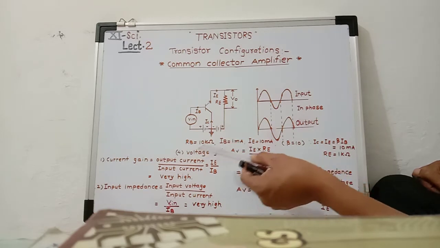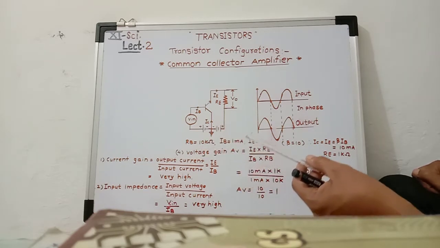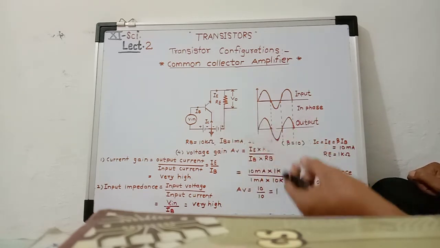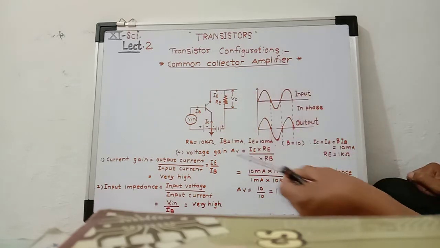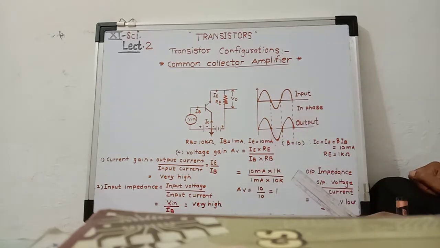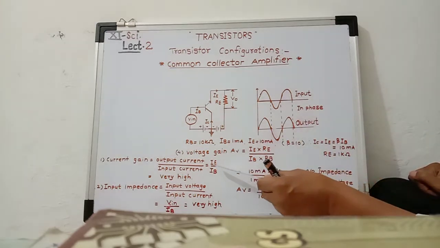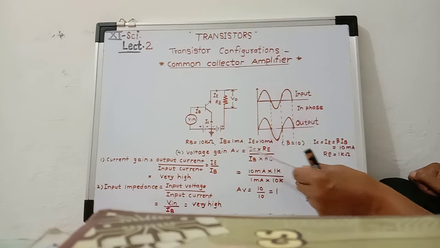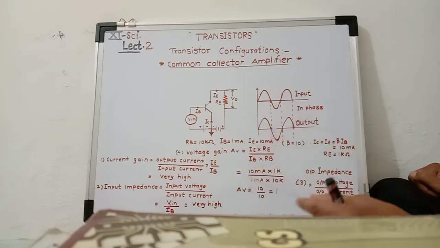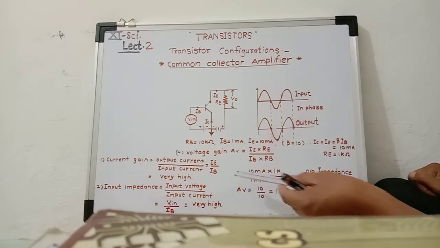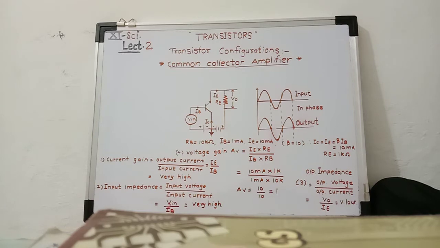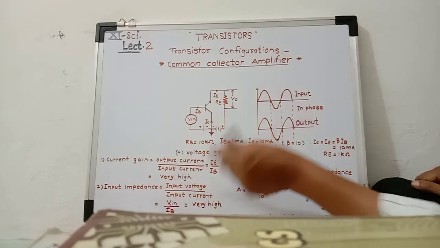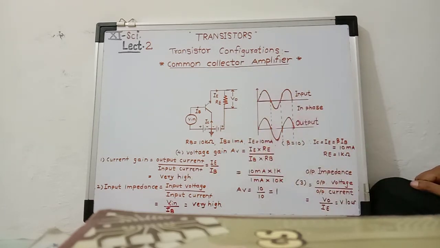Therefore, the current gain in a common collector amplifier is IE divided by IB. Since the emitter current is very large compared to the base current, which is very small, the current gain is very high.